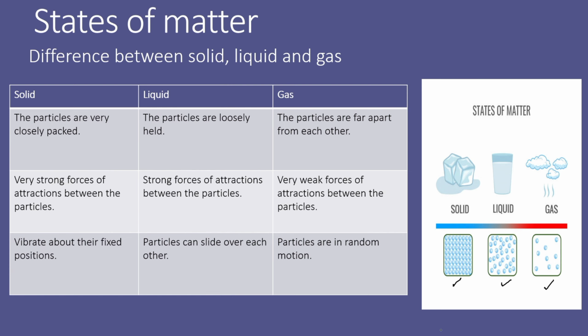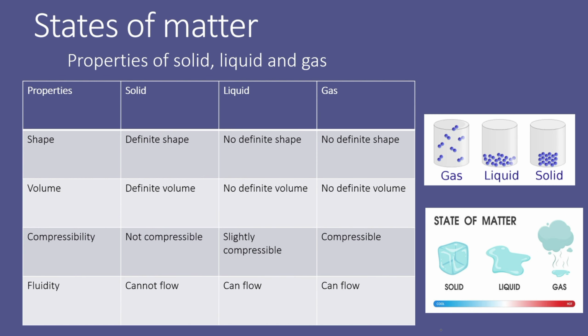Now let's discuss a few properties of matter. For example, we can discuss the shape, volume, compressibility and fluidity. First of all, let's talk about solids. In solids, the particles are closely packed. That's the reason solids have a definite shape as well as definite volume, because the particles are very densely packed.